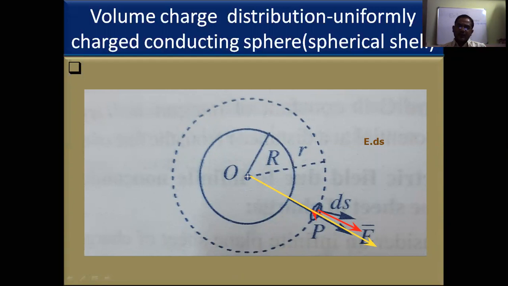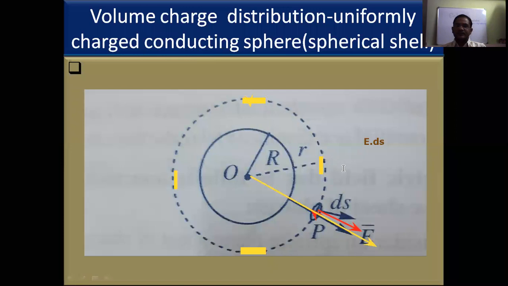You take any point. Here is a small area element. Here I am taking again a small area element. Here also, here also a small area element. So this is ds.